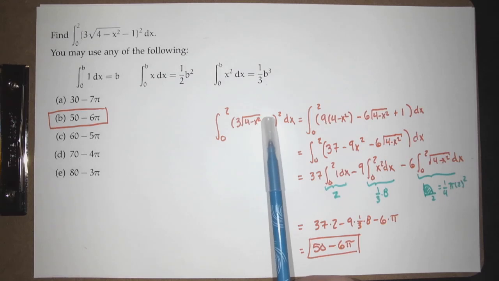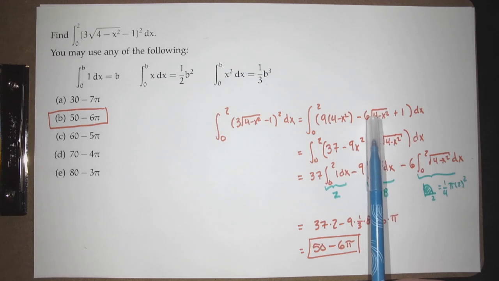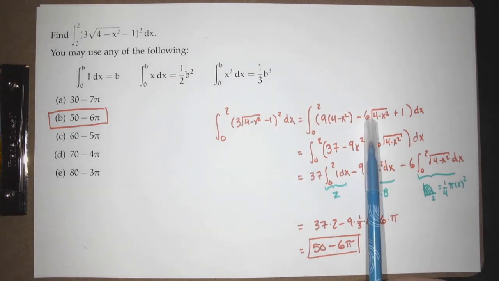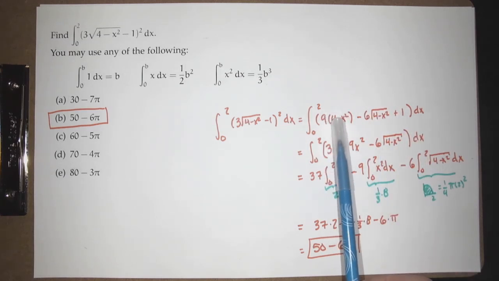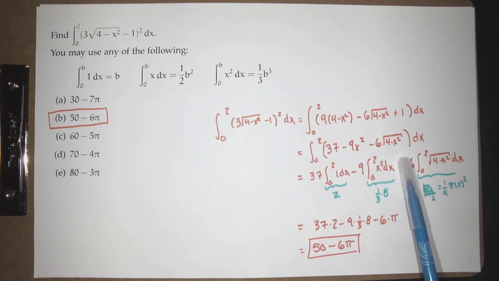A minus b squared: a squared, and when you square, the square root sign goes away. Then 2ab. So that's where the 6 comes from, 2 times 3 is 6. Don't forget this is a minus. And then b squared. Well, group 9 times 4 plus 1 is 37. Then you have your minus 9x squared and your minus 6 root 4 minus x squared.